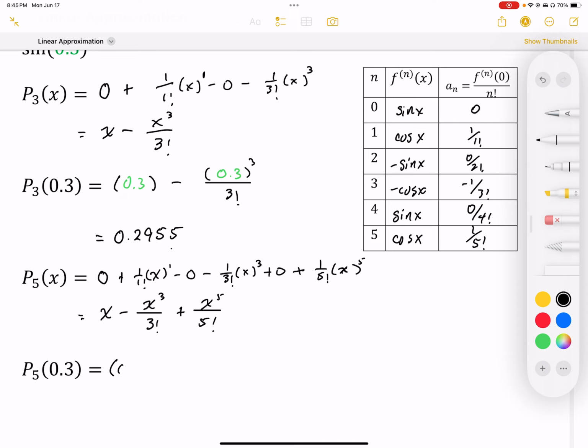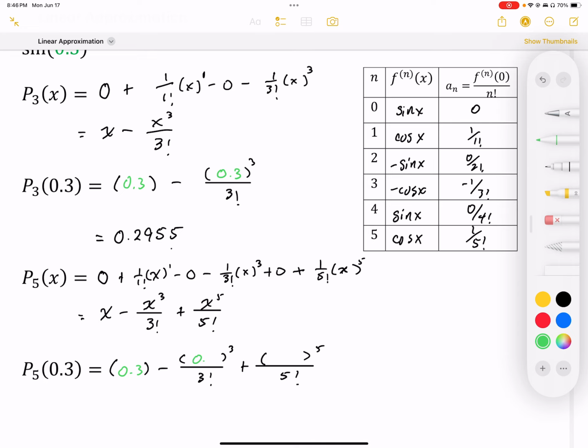Okay, so then we're going to work that out. We're going to plug 0.3 into this equation, and in our calculator it's kind of easy because we're just going to add the last term. This is going to be over 3 factorial cubed plus x to the power 5 over 5 factorial.